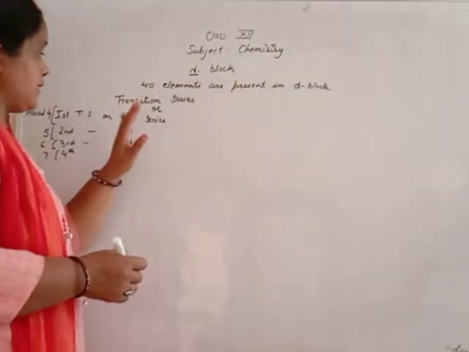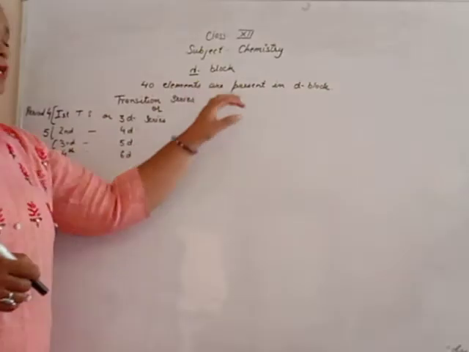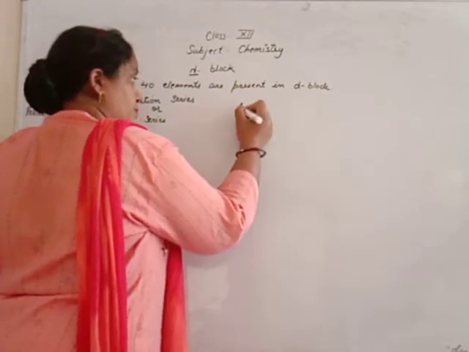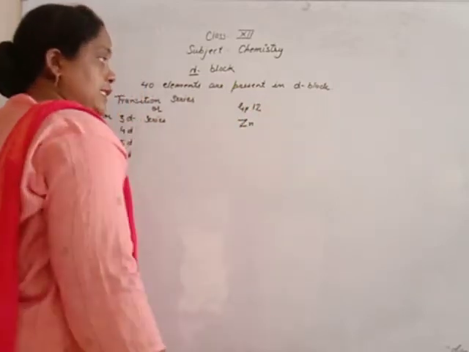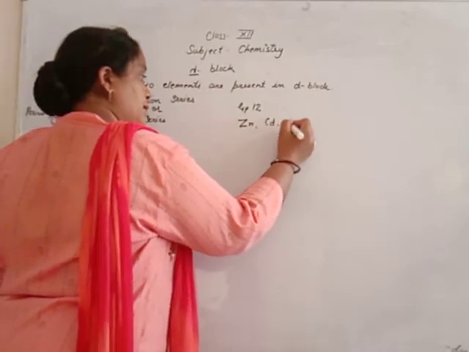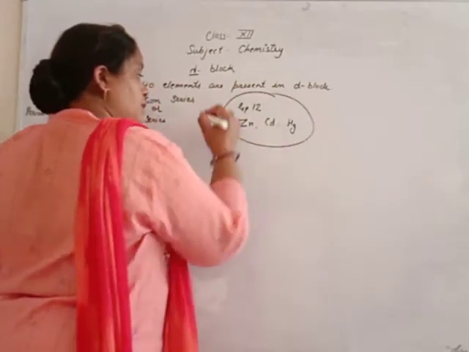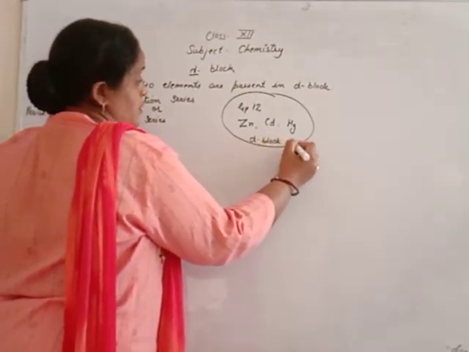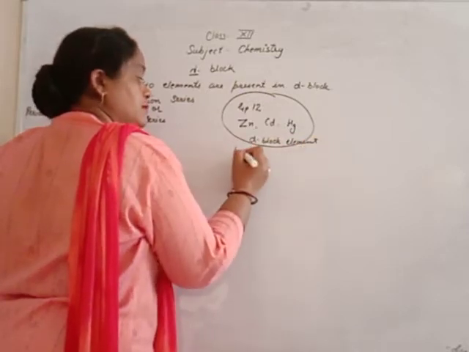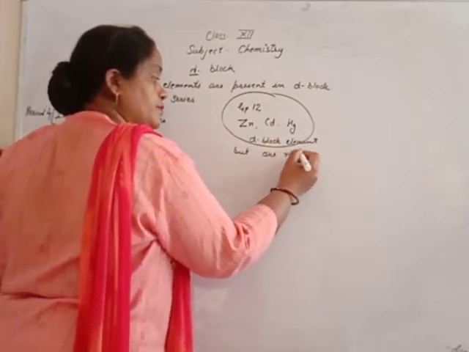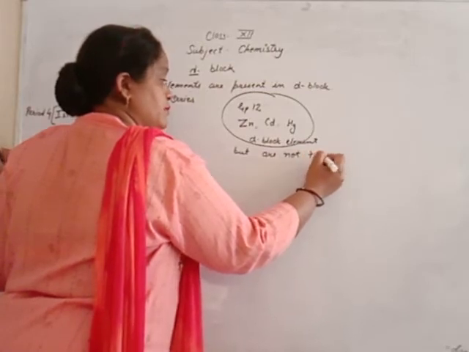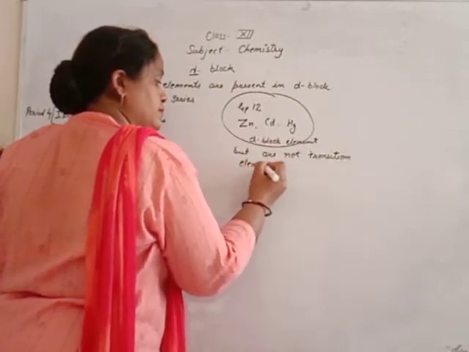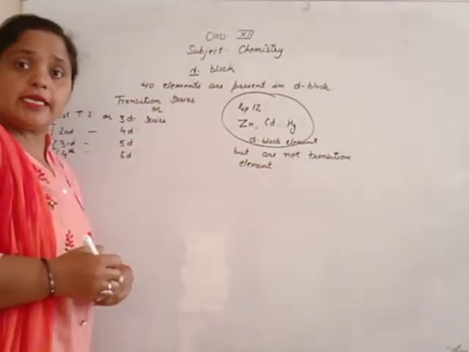Beta, out of the 40 elements present in the d block, 3 elements of group 12, that is zinc, cadmium and mercury, are known as d block elements but are not transition elements.